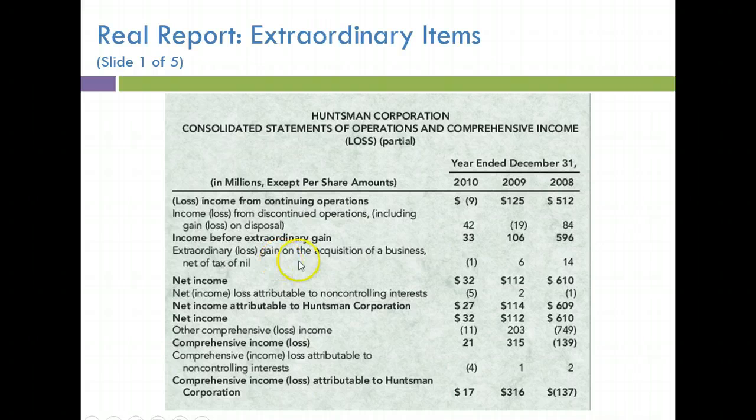extraordinary gain on the acquisition of a business, net of tax of nil. So in this particular case, it looks like what happened is they purchased a business, and in purchasing the business they showed a gain, which is what's called a bargain purchase. So let's just say you purchase a business for $100 million.